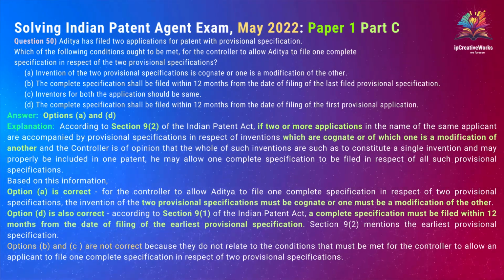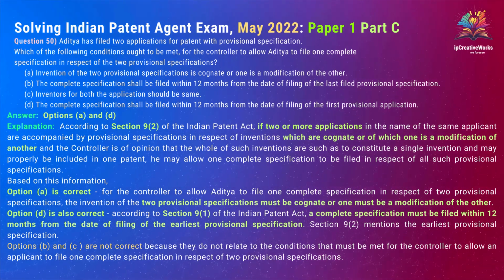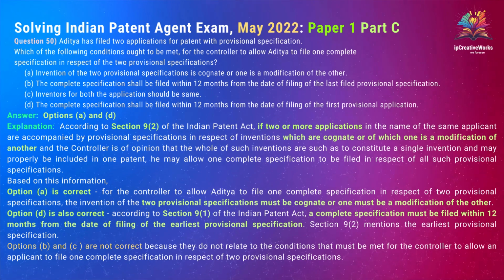B. The complete specification shall be filed within 12 months from the date of filing of the last filed provisional specification. C. Inventors for both the application should be same. D. The complete specification shall be filed within 12 months from the date of filing of the first provisional application. The correct options for question 50 are options A and D.